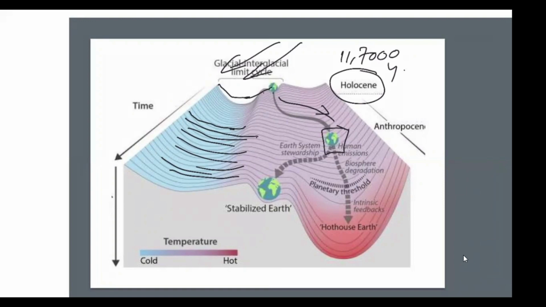And if it proceeds in the same way, then it will go like this. It will cross the planetary threshold and then enter a new source of stability, but at a very high temperature for millions of years.